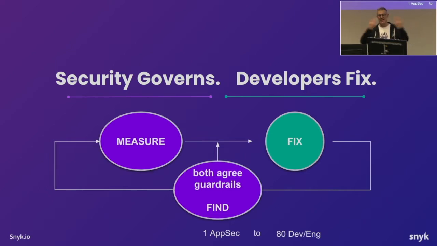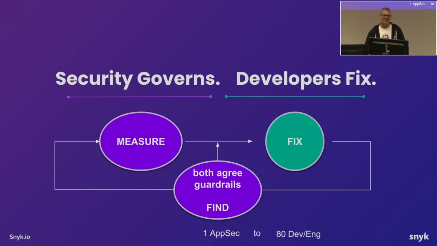Both of these parties need to come together to define the guardrails that are applicable for an organisation. Snyk's all about promoting security and development working together so that you can find the vulnerabilities as early in the cycle as possible. The reason this is so important is that for every one AppSec expert in the world, there are about 80 developers, and it's never going to scale.